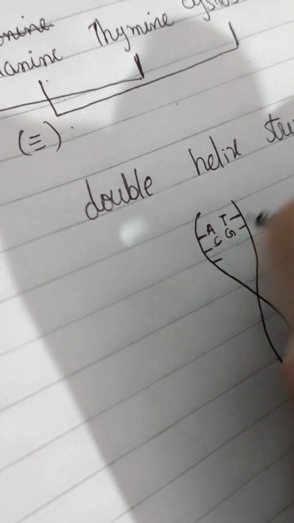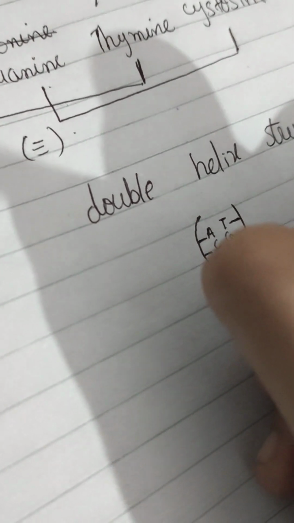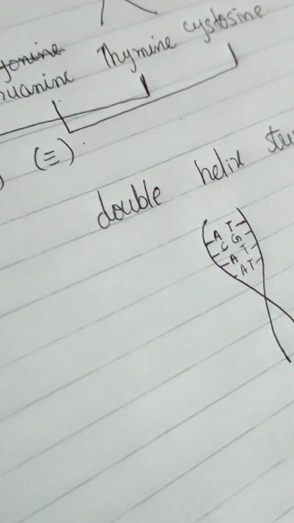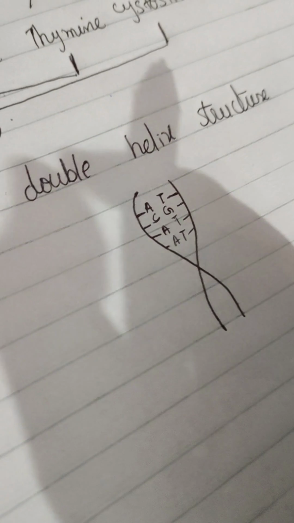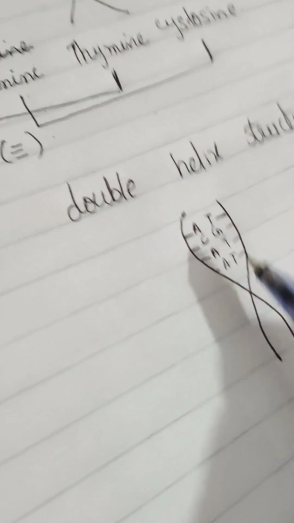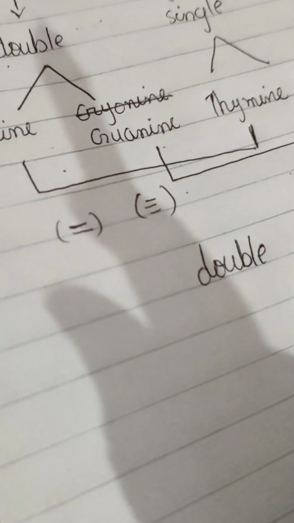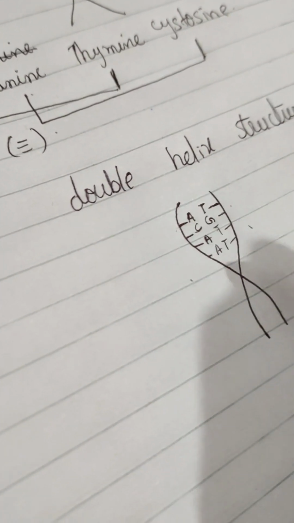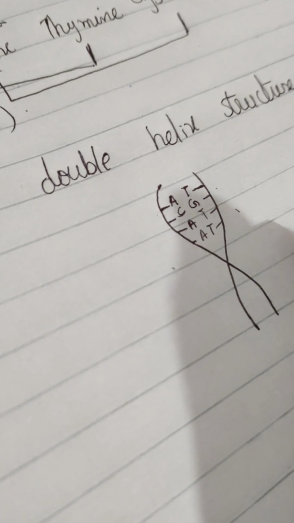If adenine is present again, then thymine. As they are making bonds with each other, in front of adenine there will be thymine, and in front of guanine there will be cytosine. This is how they make the structure of the DNA.